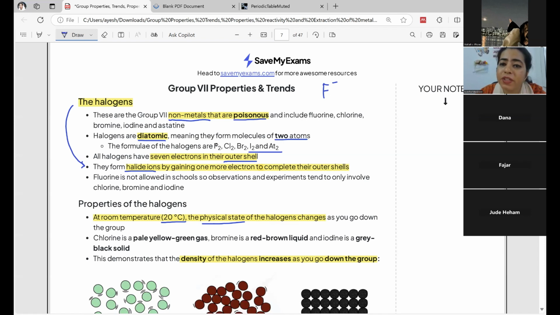Cl is going to make a negative ion, that is known as chloride, then bromide, iodide, astatide, like this. So fluorine means F2, chlorine Cl2, when they are in the diatomic form. So if we say fluoride, we are talking about the negative halide ion now. So fluoride, chloride, bromide is the negative form of these halogens.